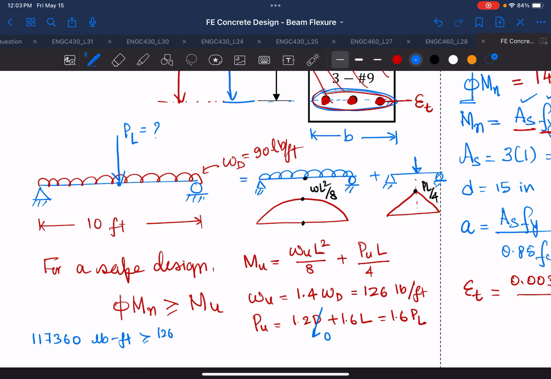We're going to write 126 into 10 squared divided by 8 plus 1.6 PL into 10 divided by 4. And you'll see that PL must be less than or equal to almost 29,000 pounds.